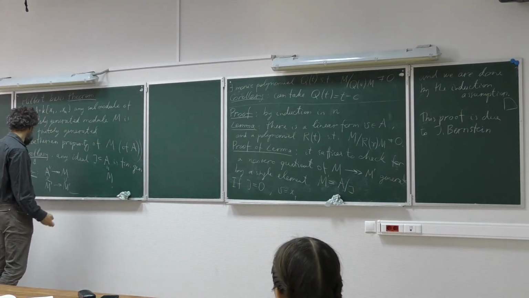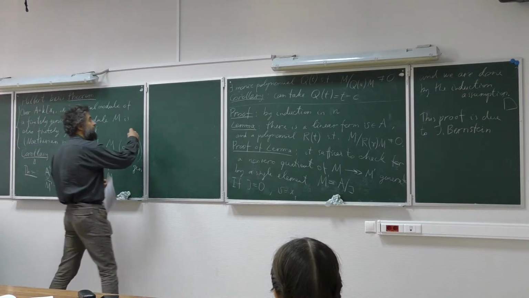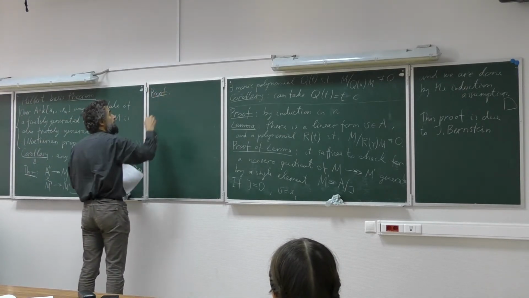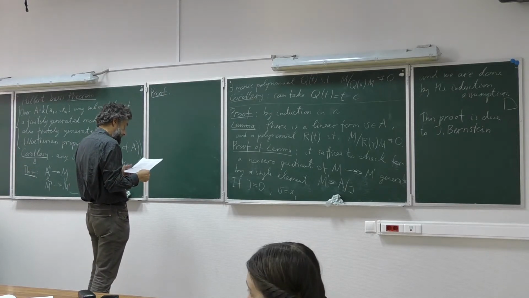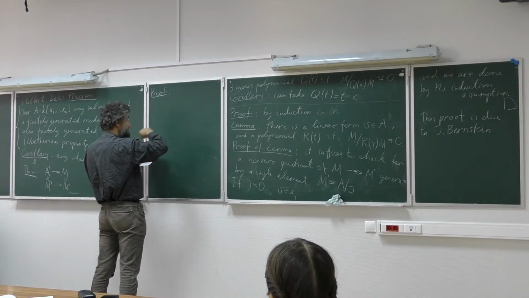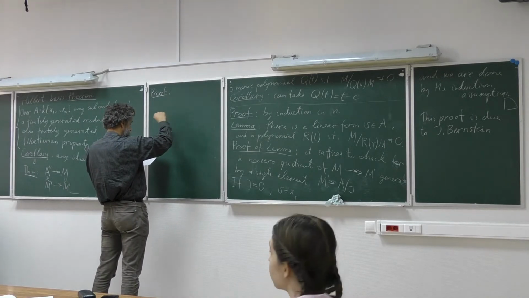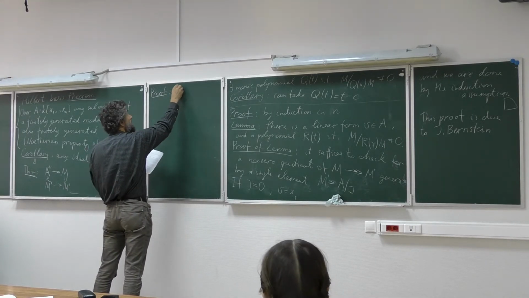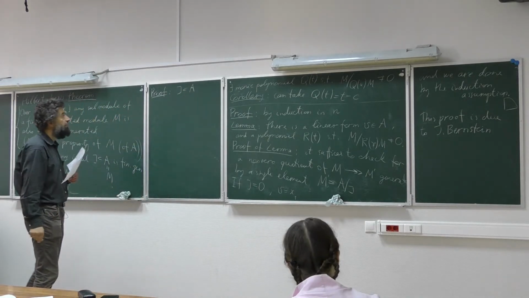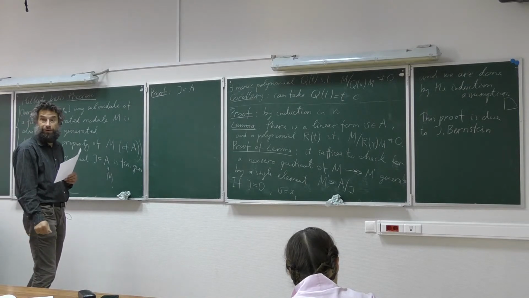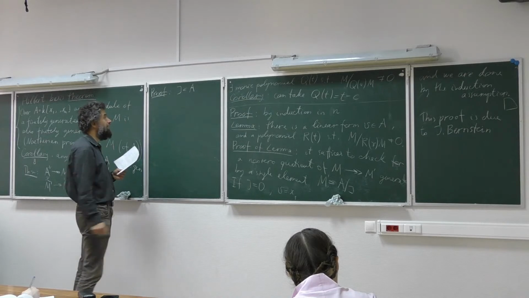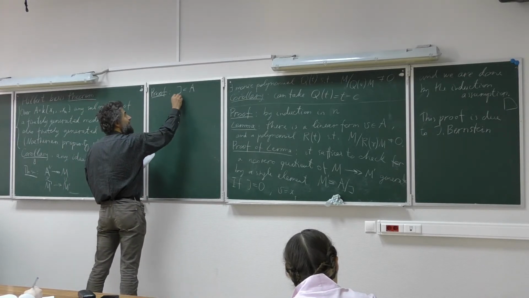Okay, so let's prove this. So let's take an ideal again, J in A, and if it is 0, then we are done, just as before. And if it's not 0, then there is a non-zero element f.